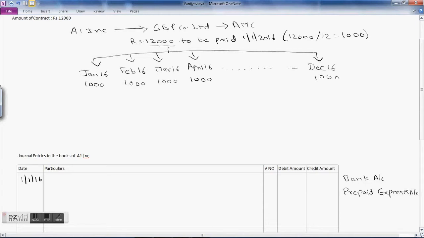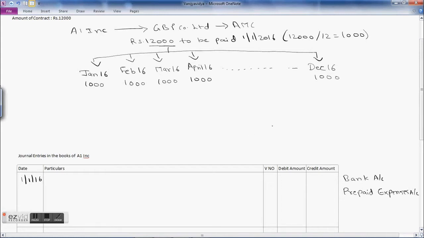It's similar to your salaries payable account. There will be lakhs of employees, so it's necessary to have one representative account. Same way for prepaid expenses, for different types of companies or AMC contracts, we will have one representative account, that is prepaid expenses, or we can also name it as advance expenses.